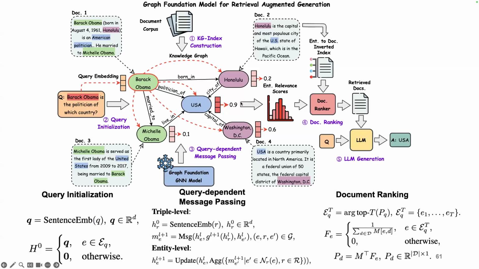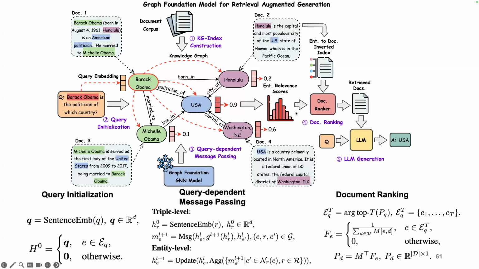So after that, we can get the probability of the entity score. This score measures how relevant the certain entity is to the question. For example, here USA has the highest probability because it can directly answer the question.